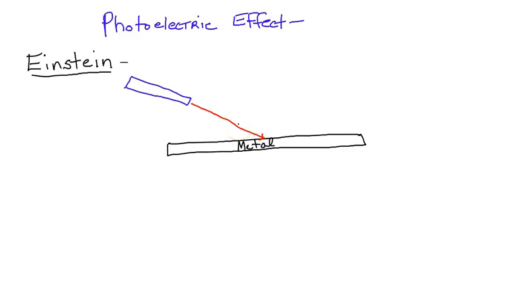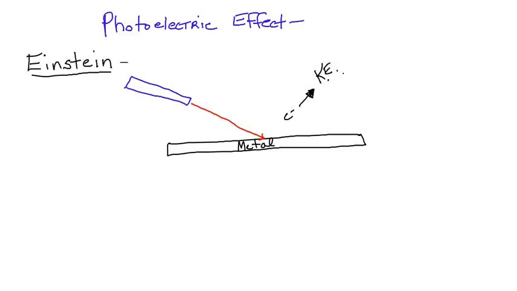And what would happen is electrons would be ejected. The idea is that the energy of the light would somehow eject the electrons with a certain kinetic energy, a certain motion.